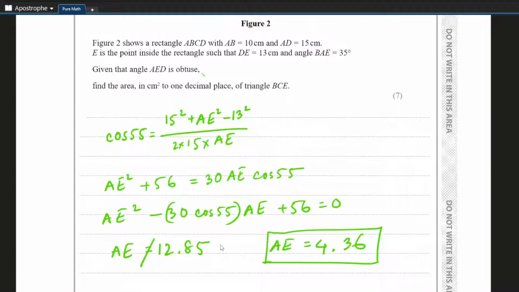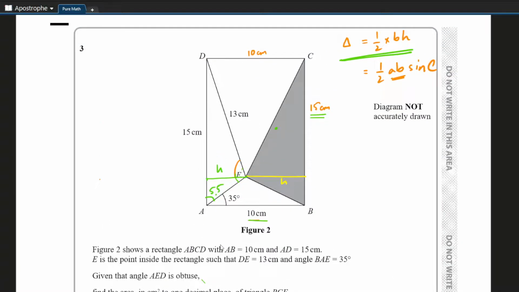Now we have the angle E. Since we have angle E, we can easily find this angle. Since this is 109, then this is 180 minus 55 right here, and then 109 right here. So this angle is 180 minus 109 minus 55.